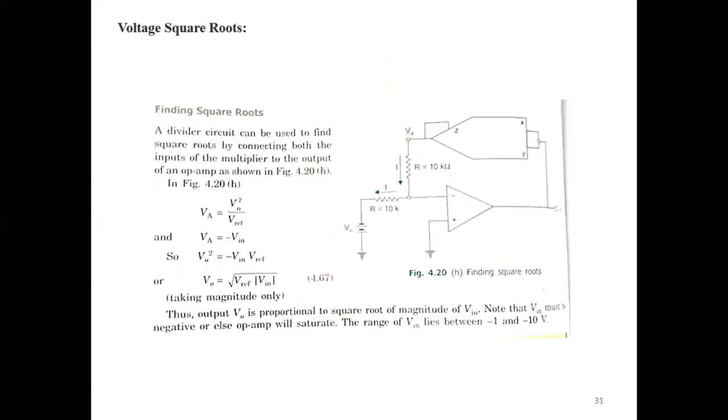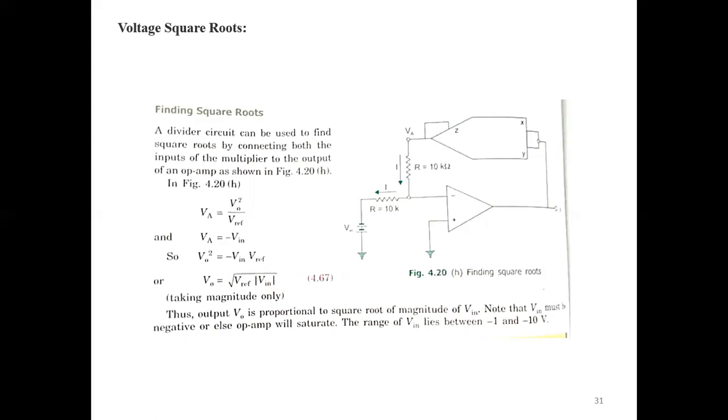Next one, the voltage square rooter. Here we are simply using an inverting amplifier, whose output is given to the multiplier inputs. So Va is equal to V out, and V out squared is equal to V reference.